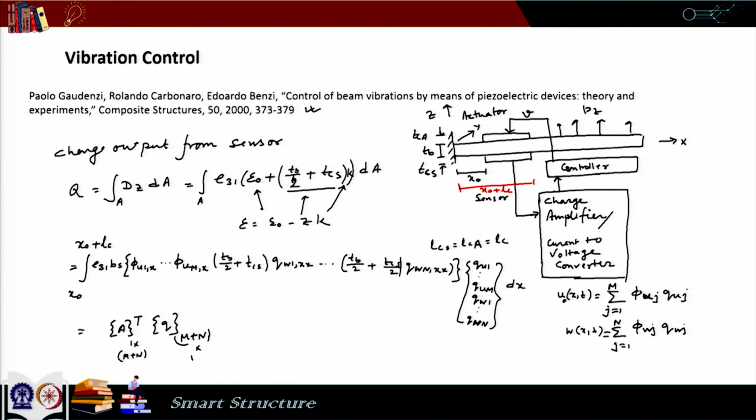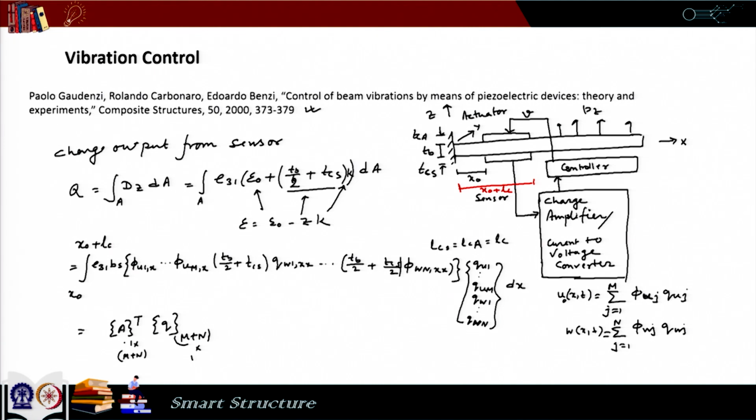Here this is not q, this is phi. When this vector is multiplied with Bs and E31 and integrated along the length of the sensor, it gives me a vector called A.